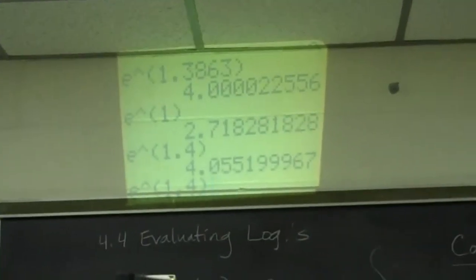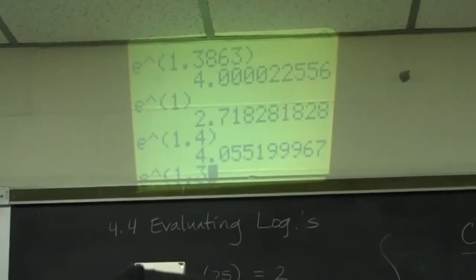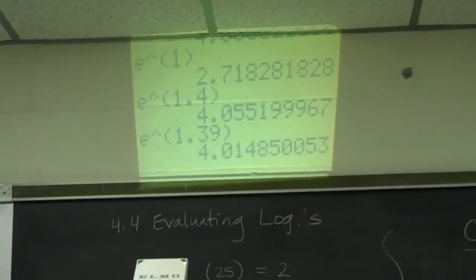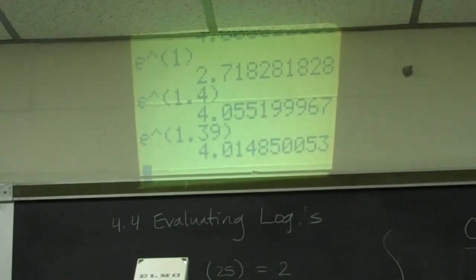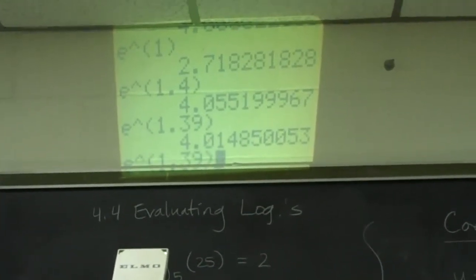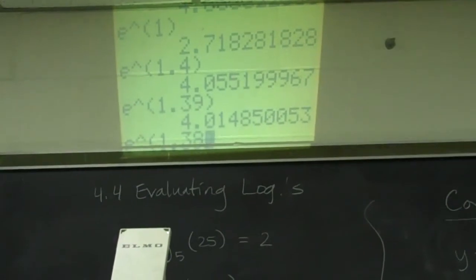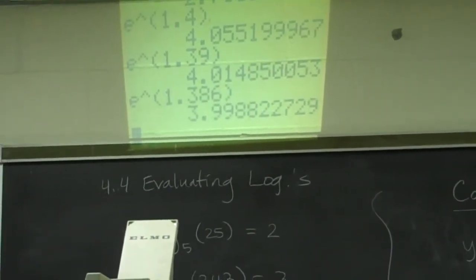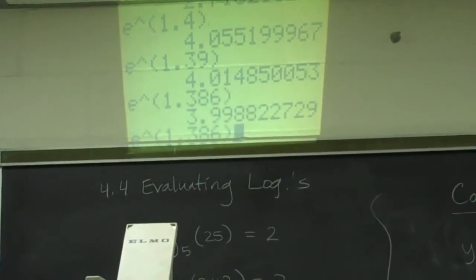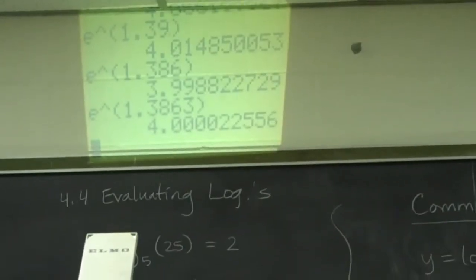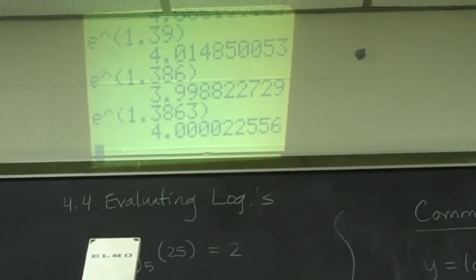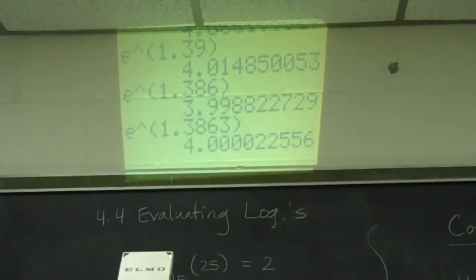So if we did 1.39, just changing it by a hundredth, the approximation is a lot better, right? And if we did even better, if we did 1.386, that's really good. But if we add that last digit of significance, it's really, really good. It's even better. Okay? So on these guys, we're going to round most of the time, but we're going to round to 4 decimal places just for accuracy's sake. Okay?